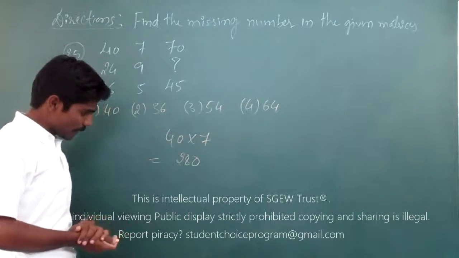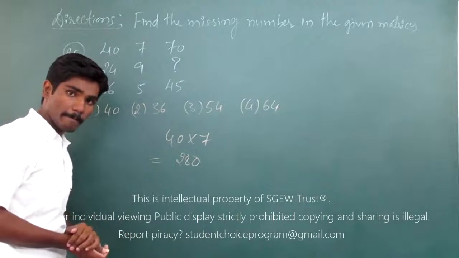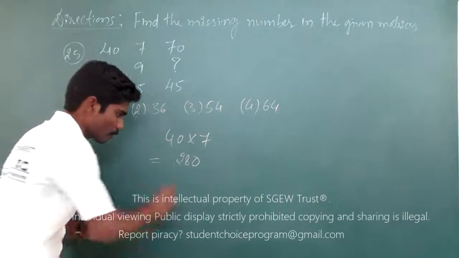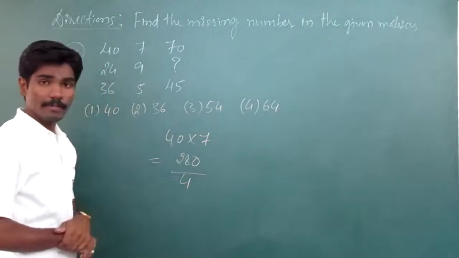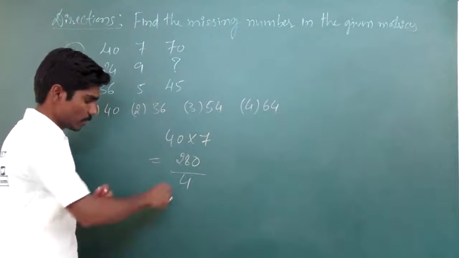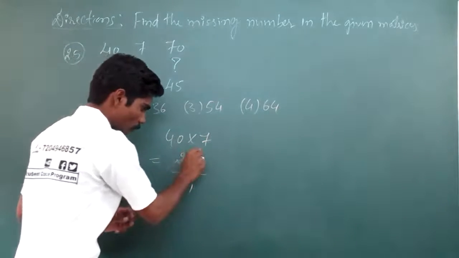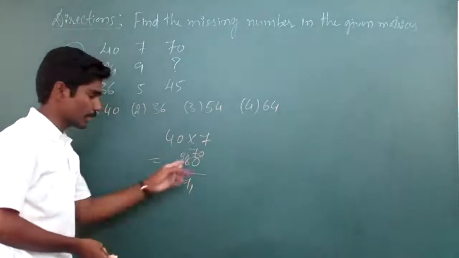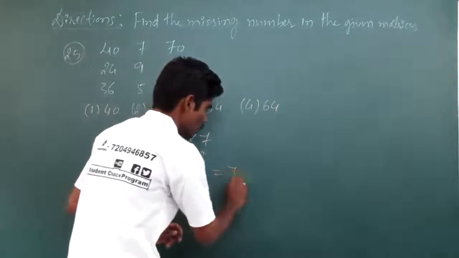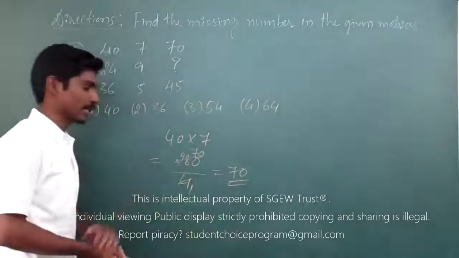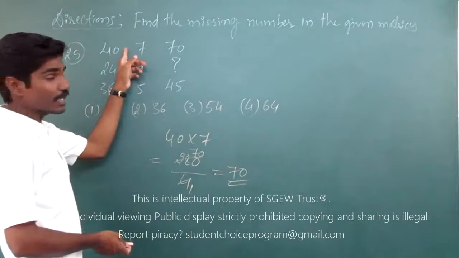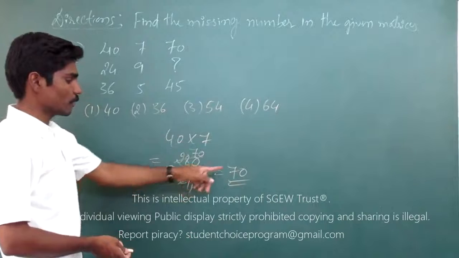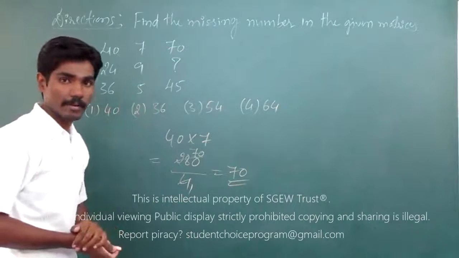When you divide this 280 by 4, do you get 70? Of course, because 4 sevens are 28, so 4 seventies are 280. So I am having 70. That means first I am multiplying these two numbers, and after that I am dividing by 4. If I do that, I am getting 70.